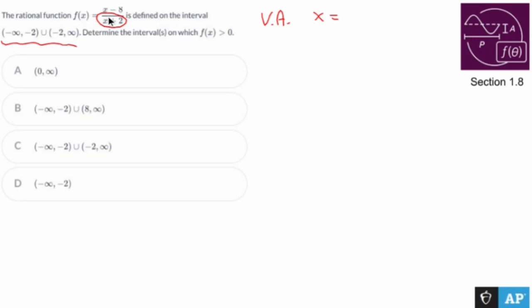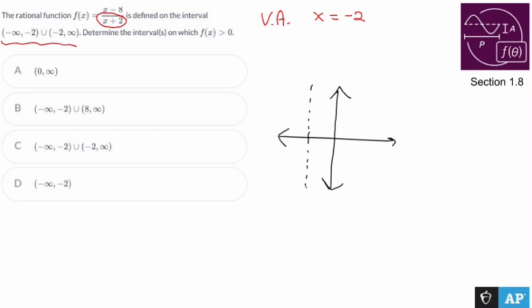If x was -2, that would make the bottom 0, so that is a vertical asymptote. So at -2, vertical asymptote, my graph isn't going to touch it.